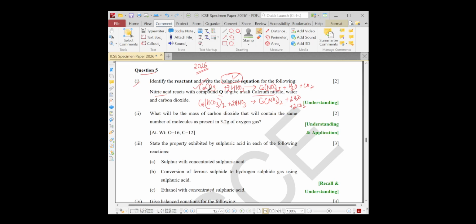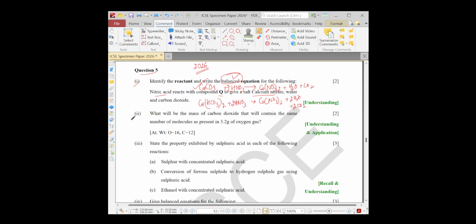So compound Q is calcium carbonate or calcium bicarbonate, and this is the balanced reaction. 1 mark for writing the reactant and 1 mark for the balanced equation.